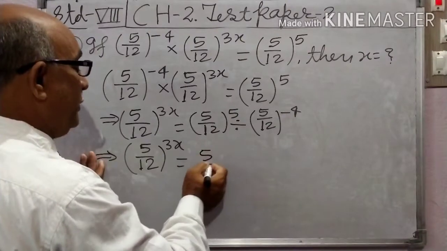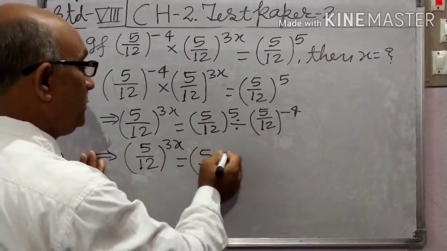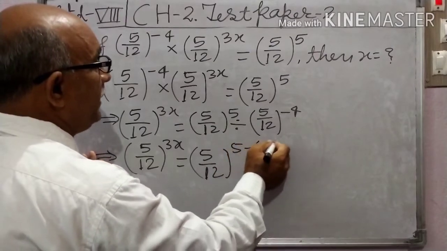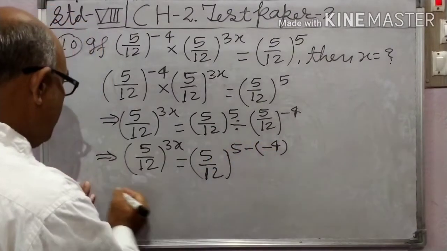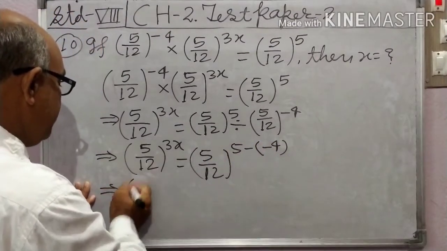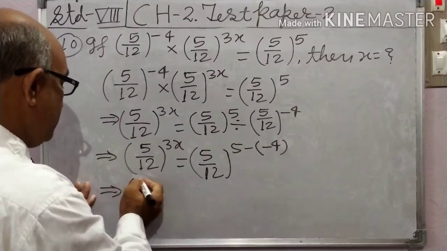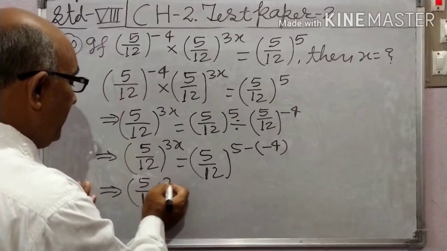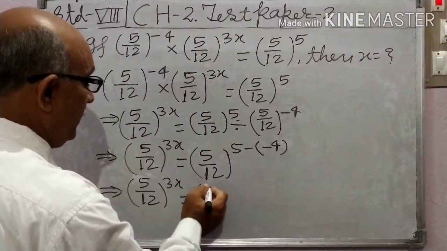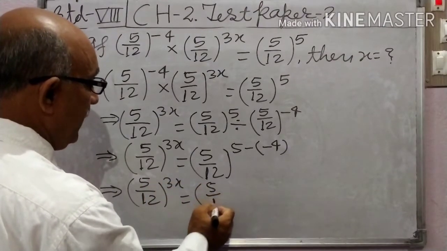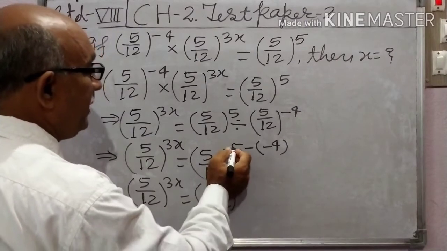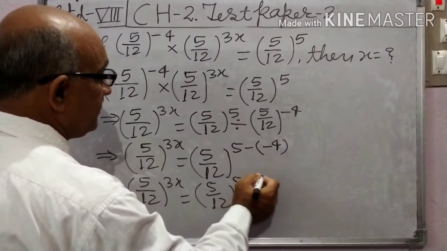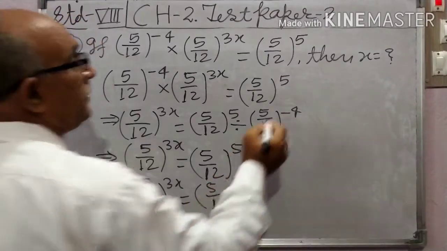So 5/12 to the power 5 minus minus 4. Next step is 5/12 to the power 3x equal to 5/12 to the power 5 plus 4.